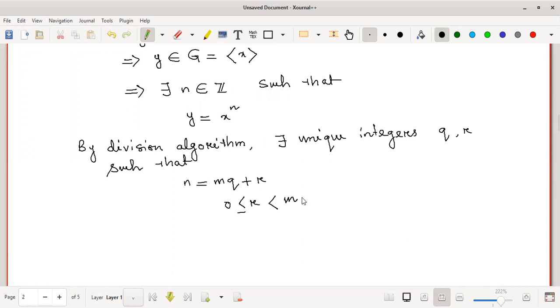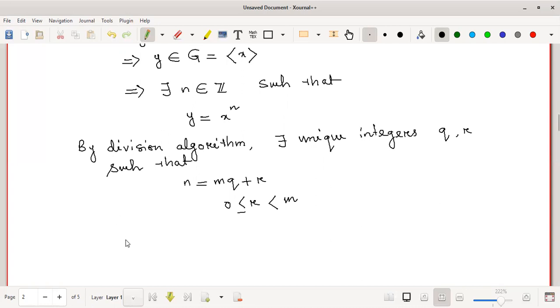Because if r is greater than m, then m can divide that also, so instead of q it will be q plus 1, the quotient. Okay, m is the divisor, n is the dividend, quotient is q, and remainder is r.